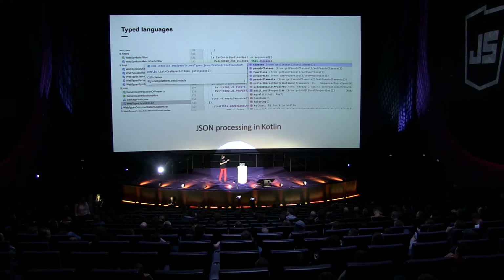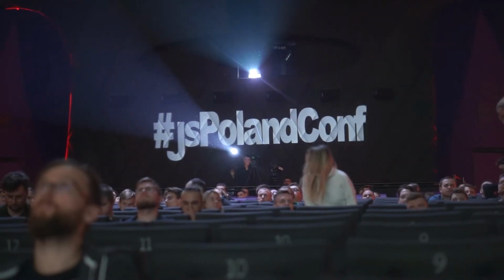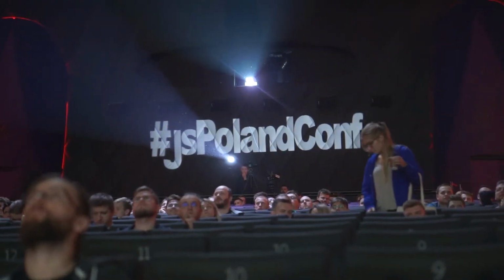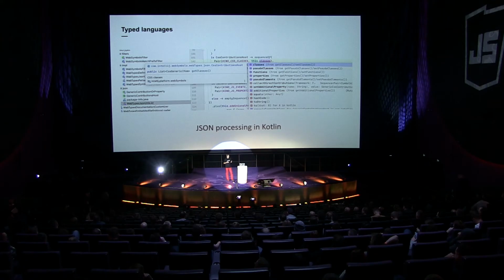If we do JSON processing in Kotlin, for instance, it requires you to write down the typings for the model. But once you do that and you read JSON and process it in your code, you get nice code completion. And if you mistype something, the editor will tell you that you're wrong.